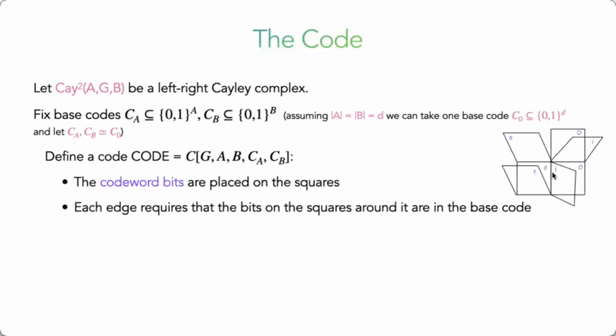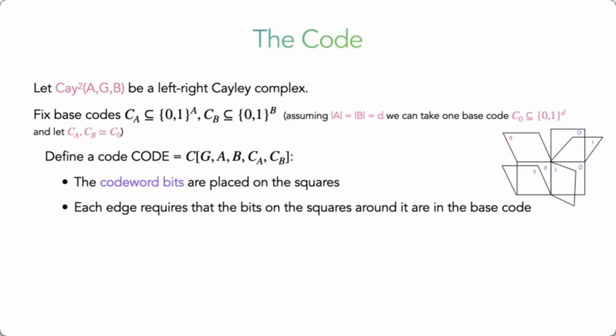So we said that the bits are going to be on the squares. So it's a collection of functions on the squares. And we said that every edge will impose some kind of constraints. Basically, remember that if we were an A edge, then it's like a spine and the squares are like pages in a book.